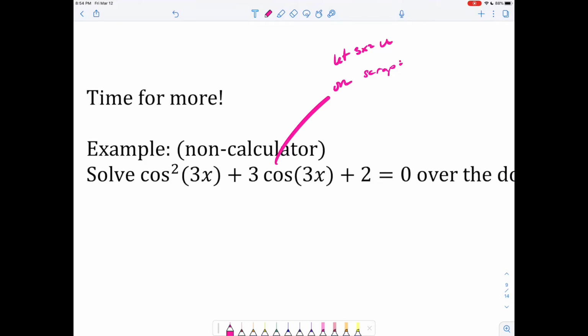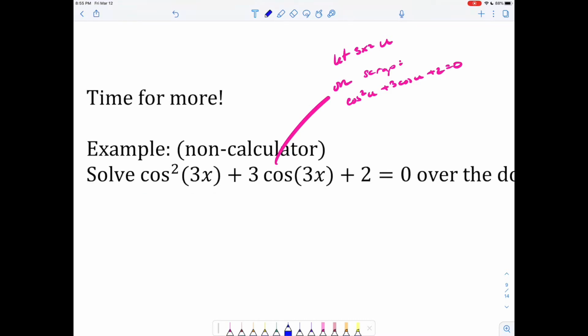U? Sure, why not? So then on your scrap paper, you can solve cos squared of u plus 3 cos of u plus 2 equals 0. And solving that will give you a bit of a basis for solving this equation. That is, again, if you want to use scrap paper.